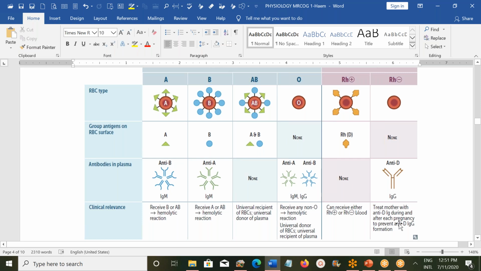So the 6 antigens, like I have told you in the Rh system, C, D, E, and then small c, d, and e. So D antigen, this one, is the most antigenic. Why? Because it has antigen on the surface. And the antibody titer will increase slowly and it will reach the peak level within 2 to 4 months after exposure.